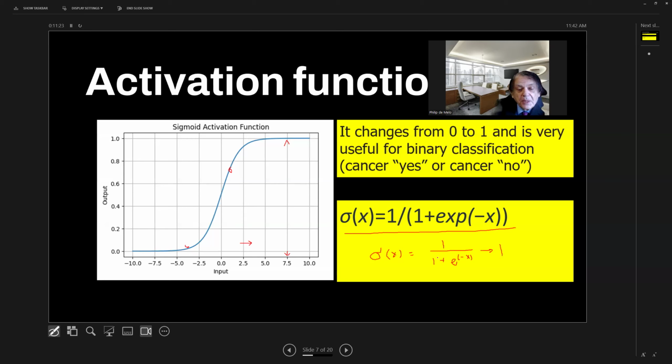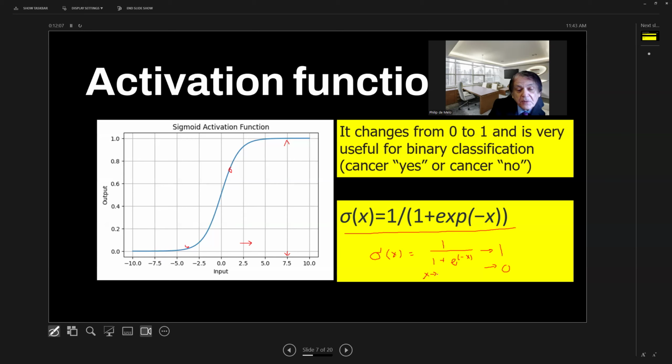But when x goes to negative infinity, large negative values, and you see here from this graph, it very fast goes to 1 and very fast goes to small numbers. When x is negative, then the negative becomes positive, and this becomes a very large number, and the whole thing goes to 0 when x takes negative values.